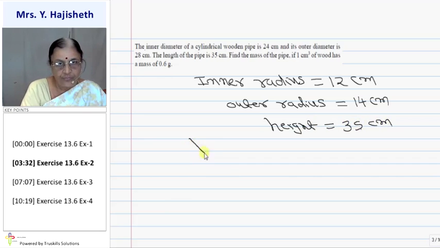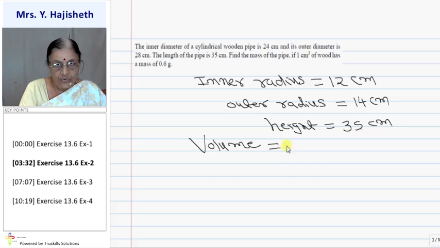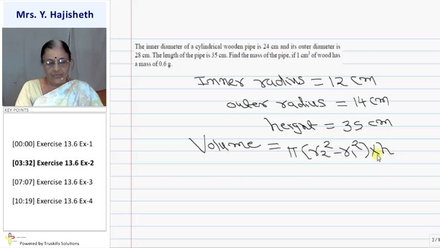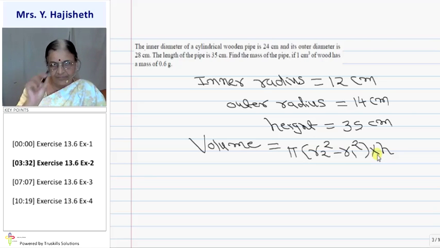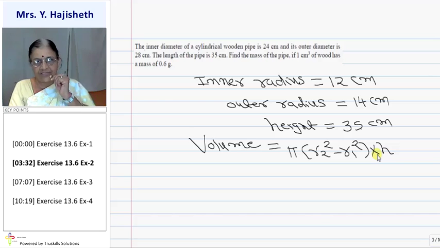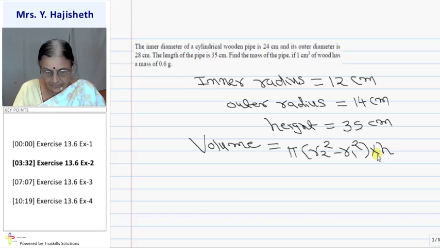Now volume of pipe. Volume is just like a cylindrical ring. It is pi into r2 square minus r1 square into h. Because the pipe is like this, the area in between. Okay, area of ring is pi r2 square minus r1 square into height.